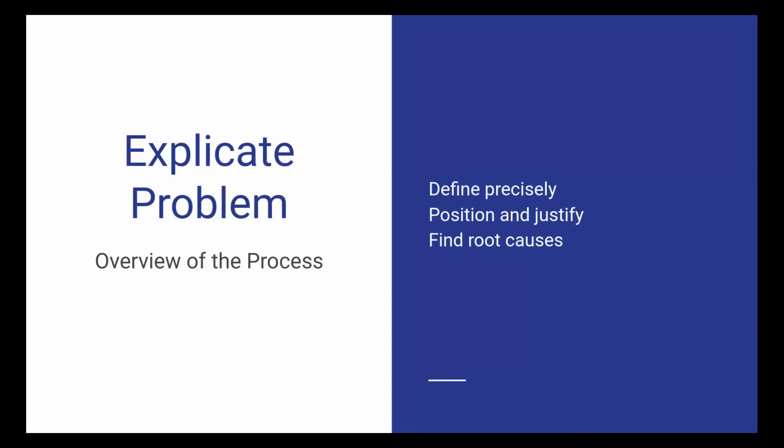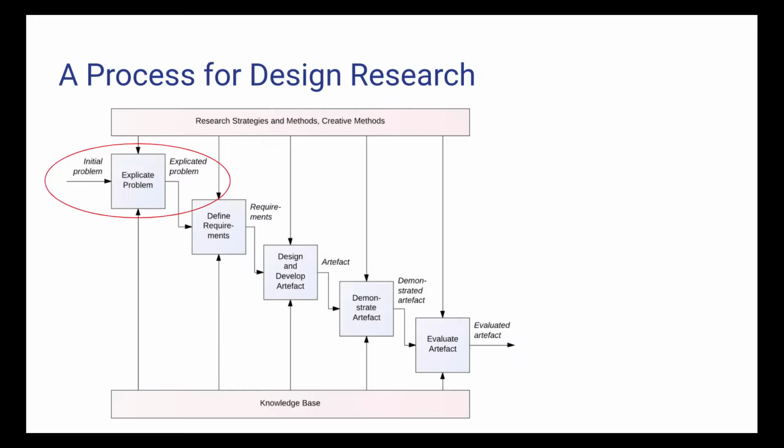Explicate problem can be seen as a sub-process of the entire design research process. So let's start with an overview of this sub-process. Explicate problem is the first activity in the design research process.